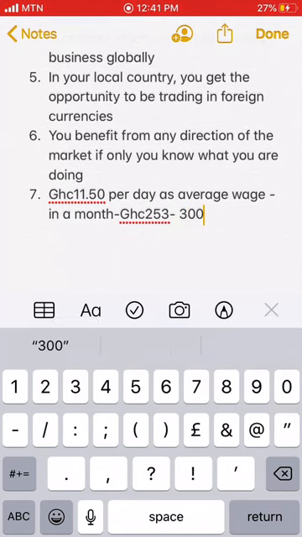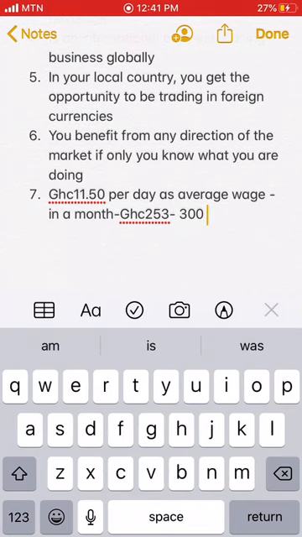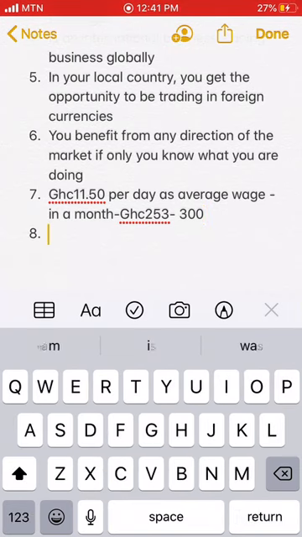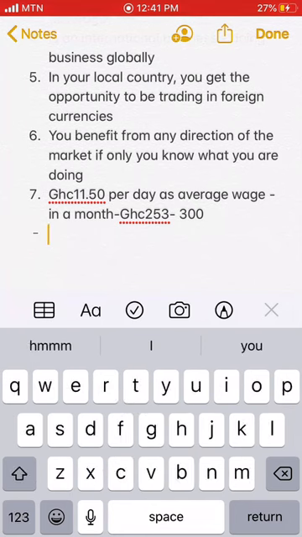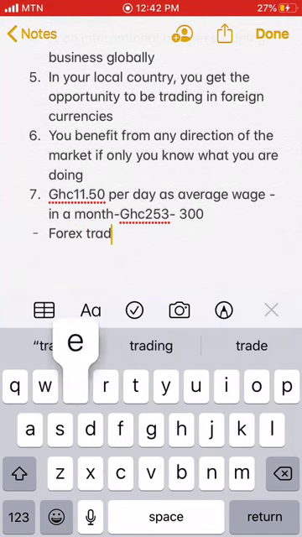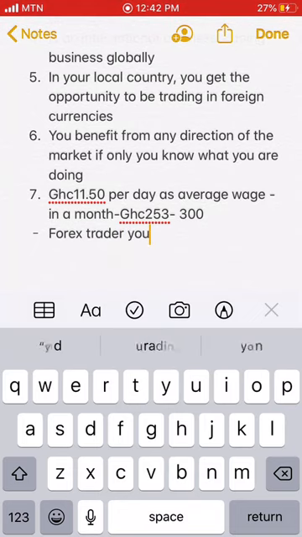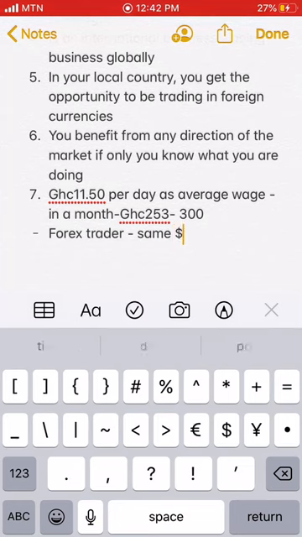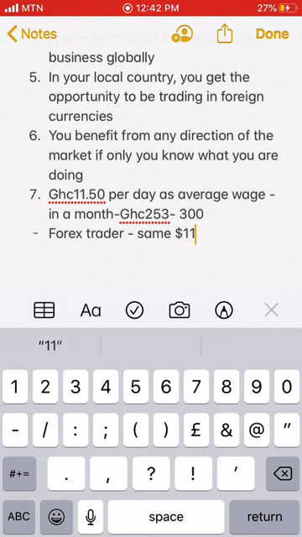Now this is where forex gets interesting. Watch this. Assuming that the forex trader, you who is listening, are able to make the same 11 cedis, but yours this time is in dollars, because you'll be dealing with a foreign currency.